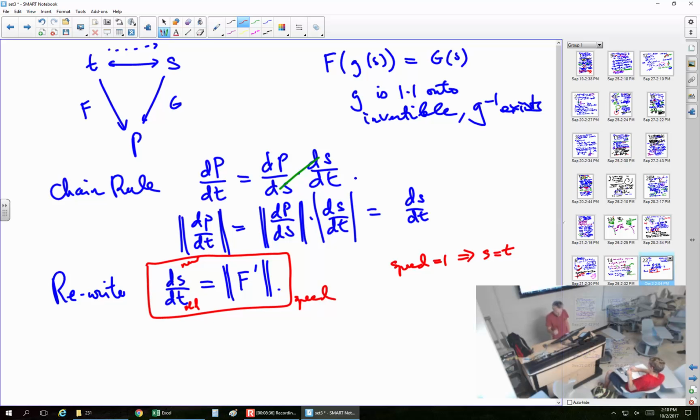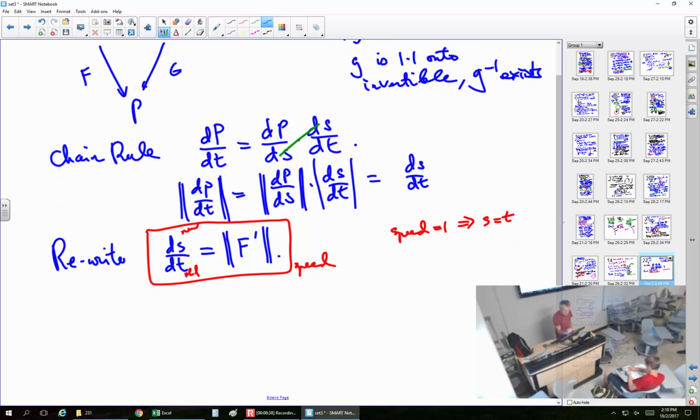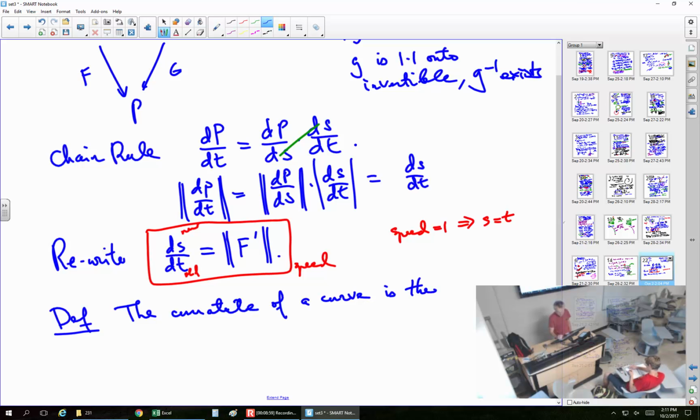Okay, now let's have the proper definition of the curvature. So the curvature of a curve is the derivative of the unit tangent vector with respect to the arc length parameter.